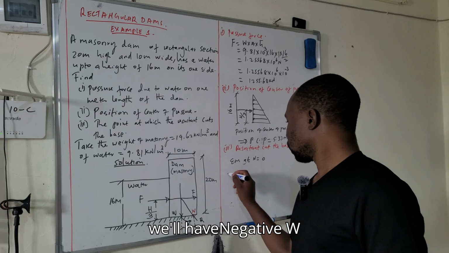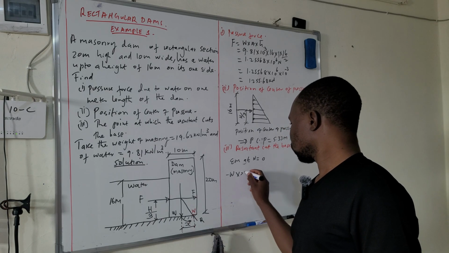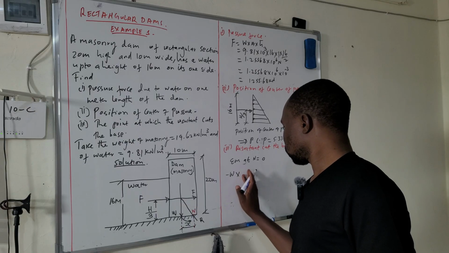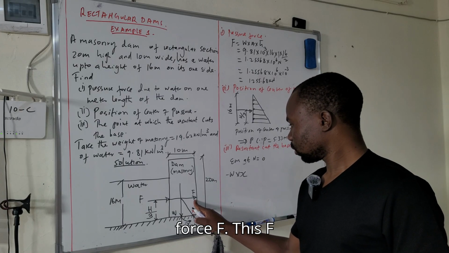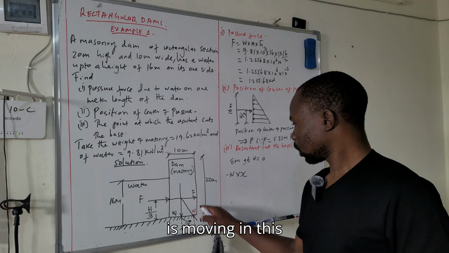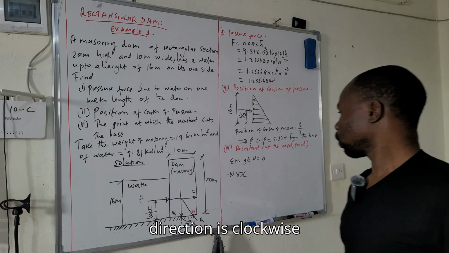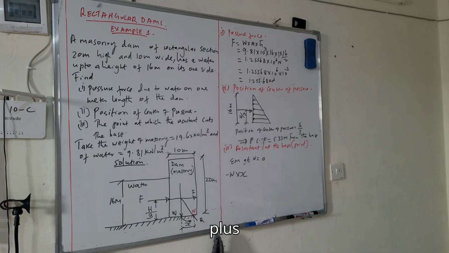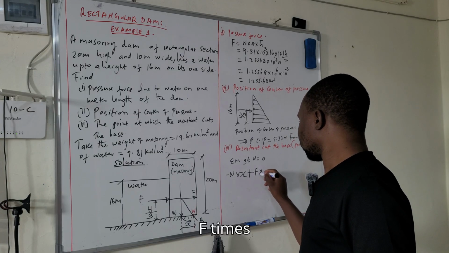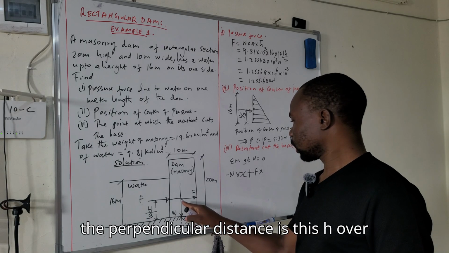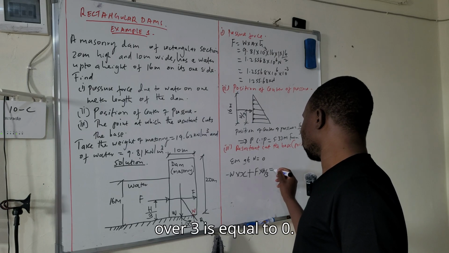So we'll have negative W times the perpendicular distance x. Then we come to this force F. This F is moving in this direction, which is clockwise. Plus F times the perpendicular distance, this h over 3 from here to here, times h over 3, is equal to 0.